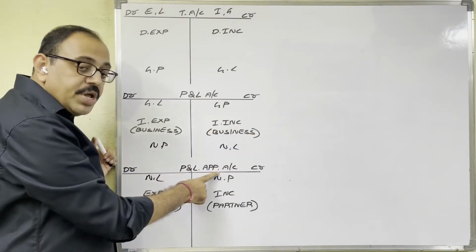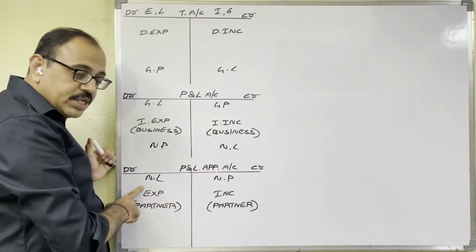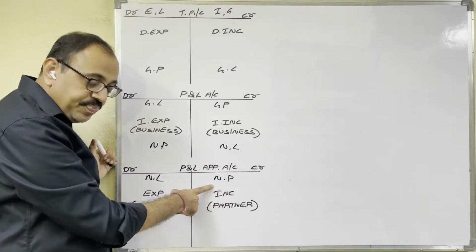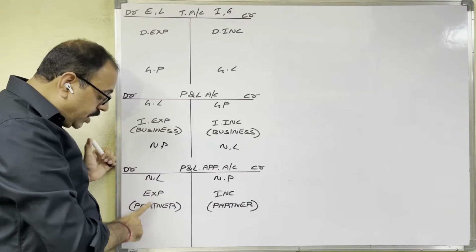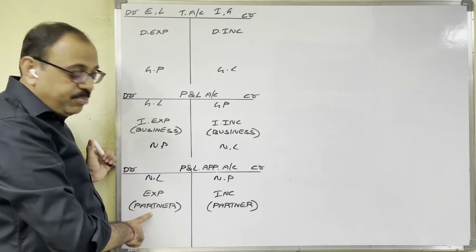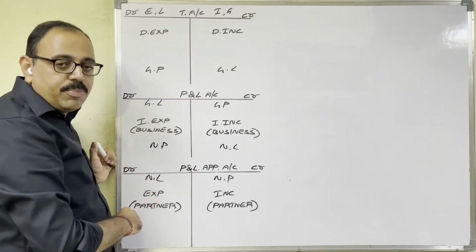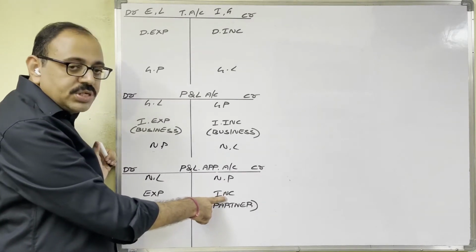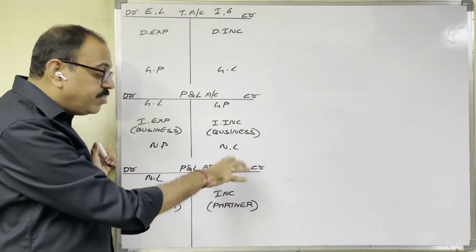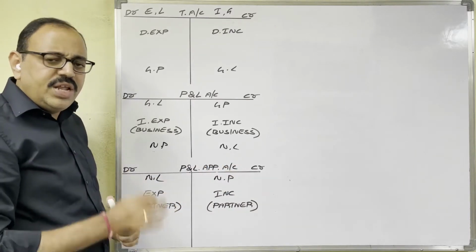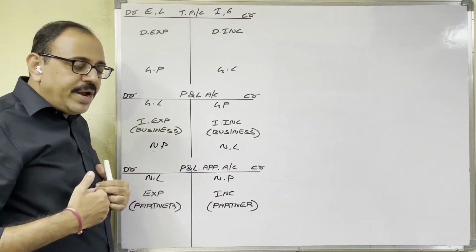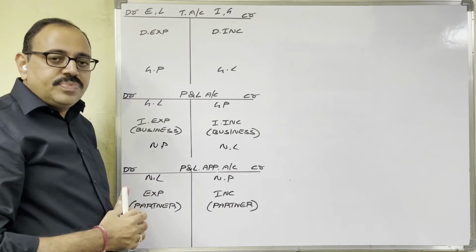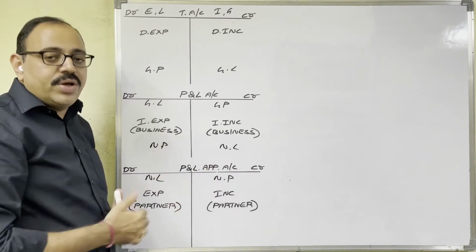In P&L appropriation account also, on the debit side we have to show expenses and on the credit side incomes. Expenses related to partners appear on the debit side of P&L appropriation account. Partners related incomes we have to show on the credit side of P&L appropriation account. Take one example. The firm paid salary to an accountant. Accountant is one employee.